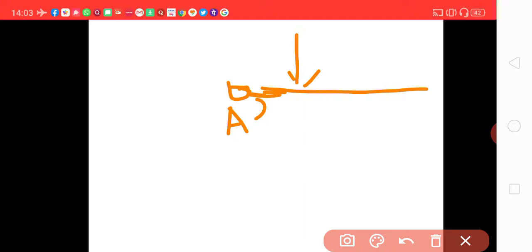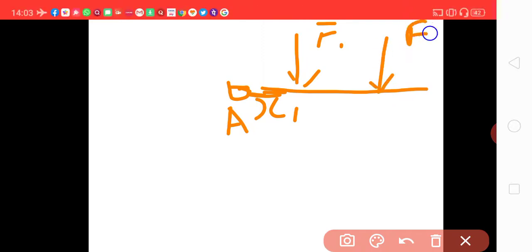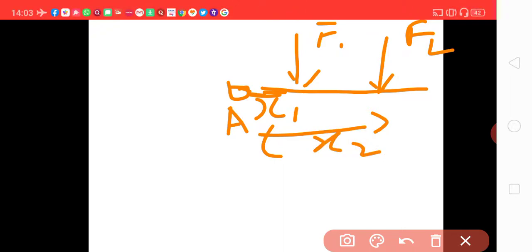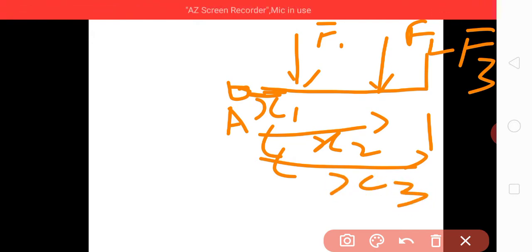It is acted upon by force F1 at a distance x1, then F2 at a distance x2, then F3 at a distance x3.